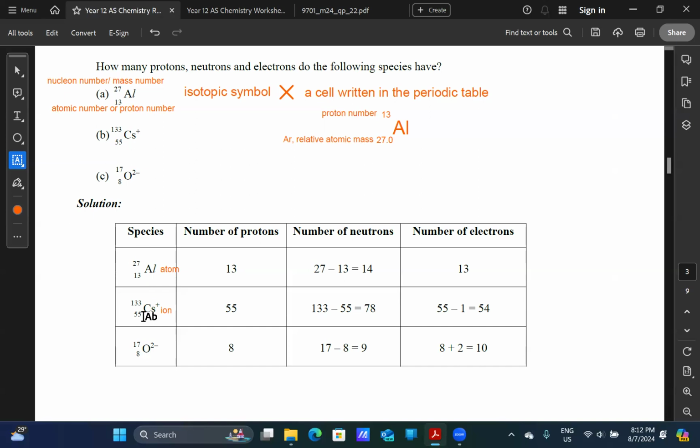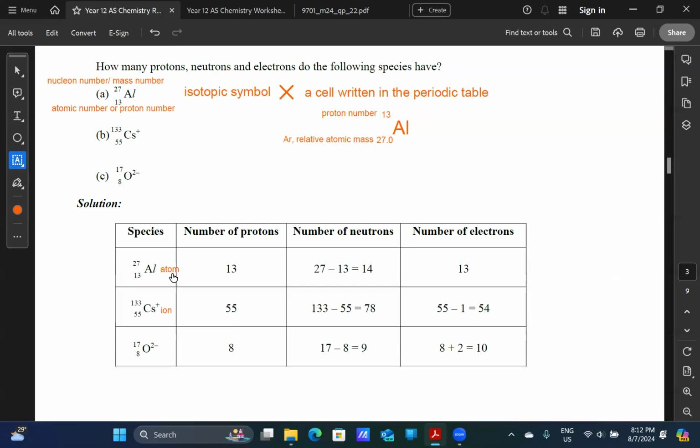This is the atomic number, so cesium has 55 protons. To calculate its number of neutrons, we find the difference between its mass number and atomic number. So 133 minus 55, we get 78.